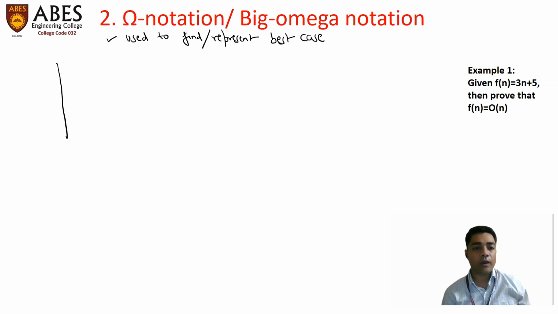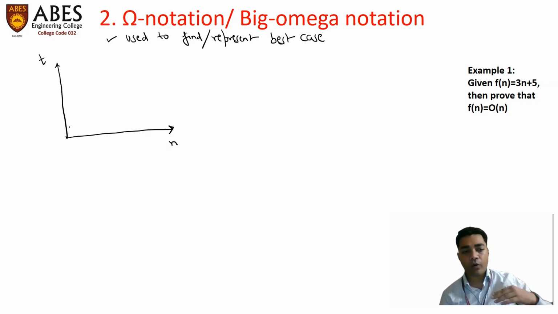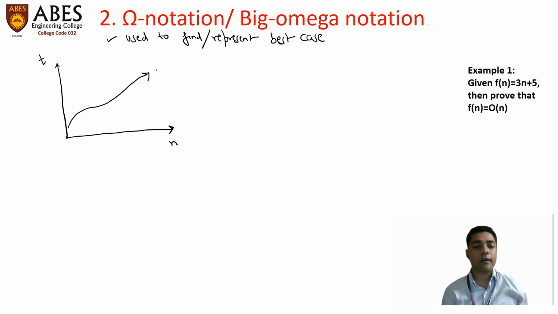Okay, so here we have a graph. We will draw a graph. This will represent n and this will represent the time as before. And now we have to draw a graph keeping in mind that we have to find the best case for, let's say, some function fn. Best case is definitely going to be represented by a line which is lower than fn.